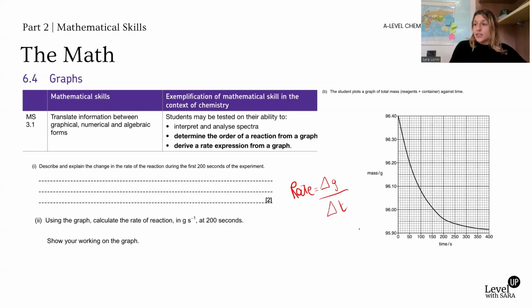If you want, you can calculate the rate at some specific times in this type of graph. If you do it at time 0, so the intercept with this line, and you do the tangent at 0, this is called the initial rate.